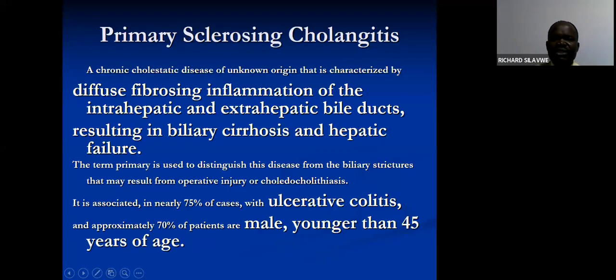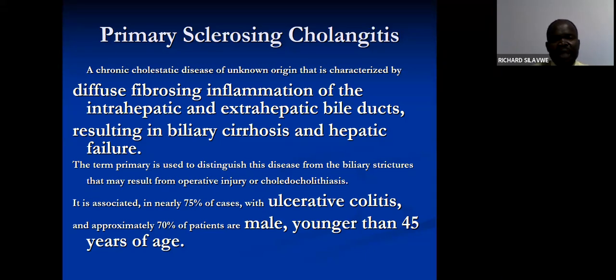Then primary sclerosing cholangitis is a chronic cholestatic disease of unknown origin that is characterized by diffuse fibrosing inflammation of the intrahepatic and extrahepatic bile duct, resulting in biliary cirrhosis and hepatic failure.